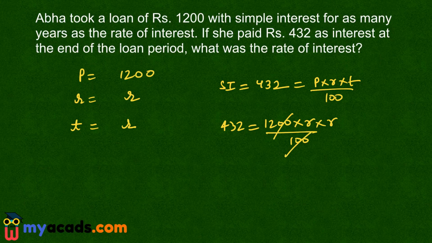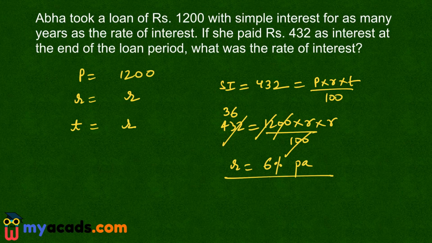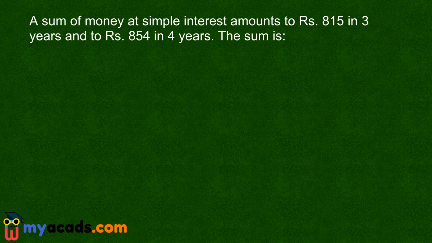So 100 will cancel out. This is 12 3s are 36 and 72, 12 6s are 72. So R will come as 6. So what I have to find is what was the rate of interest. So the rate of interest is 6% per annum. This is the answer.